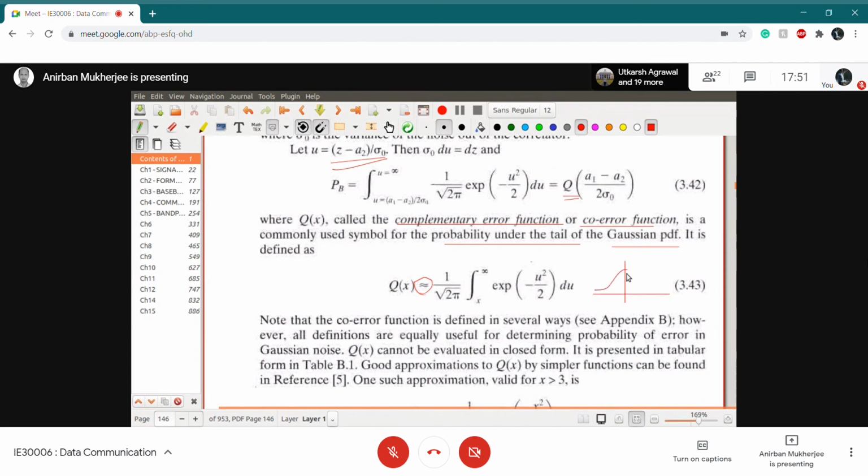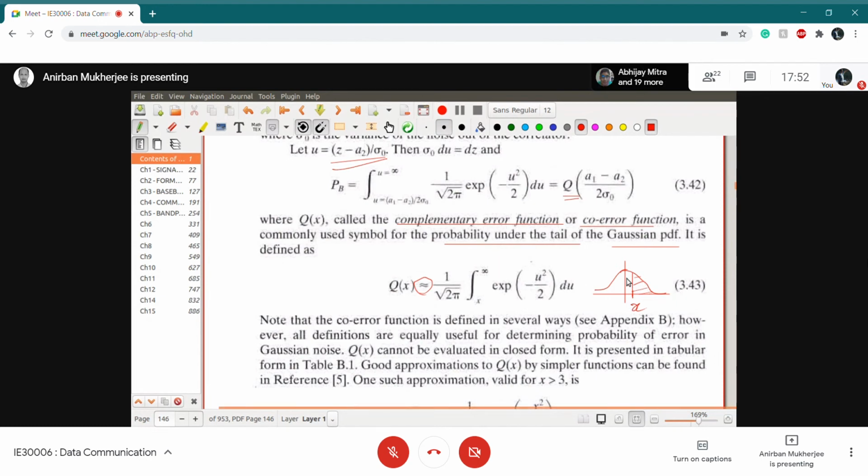I have a distribution, and this is my x. Q(x) is basically this area, called the right side probability, sometimes the co-error function. That means 1 minus F(x), 1 minus the cumulative function.